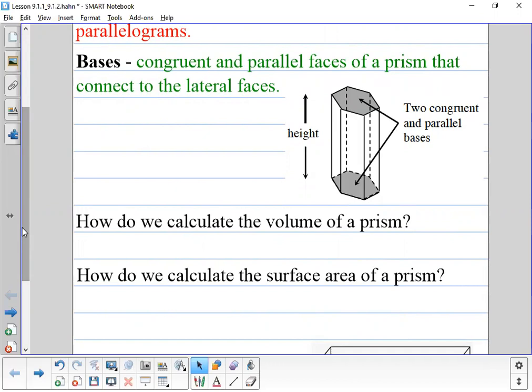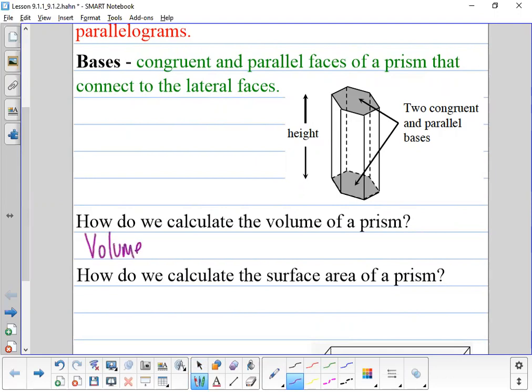So instead, I want you to think of the volume as what would happen if you took the area of that base and you stretched it up, because that's kind of what your prism is. It's like taking that base shape and just pulling it up, and everything inside would be your volume. So the easiest way to talk about calculating the volume is to think of it this way.